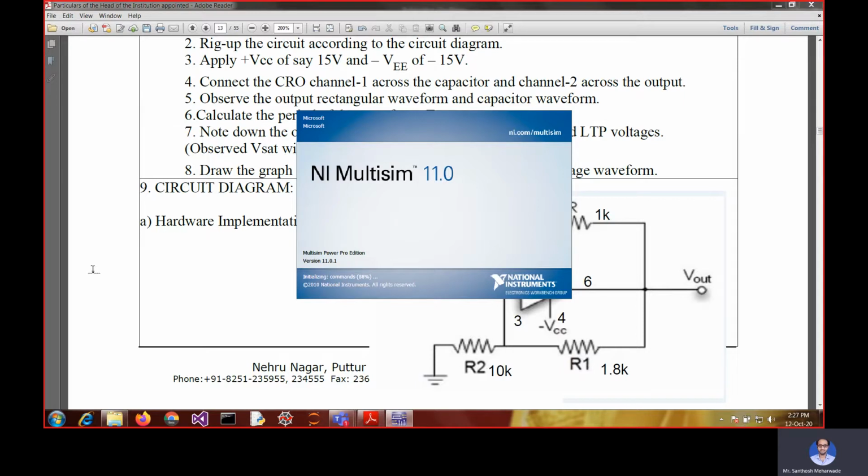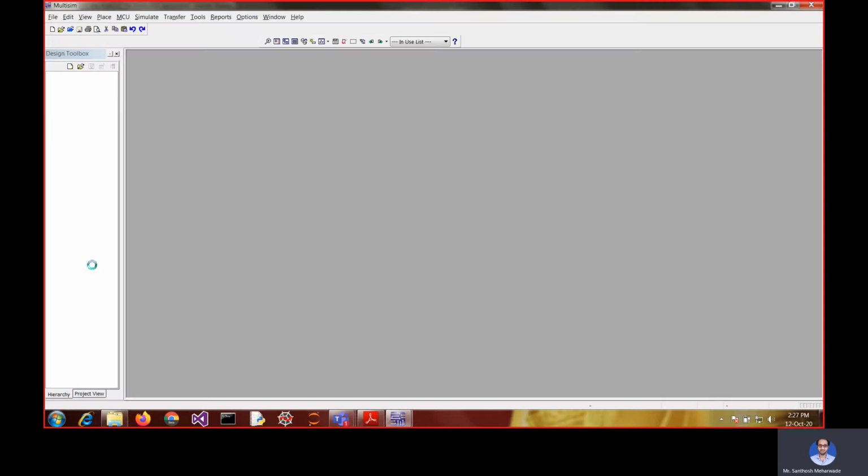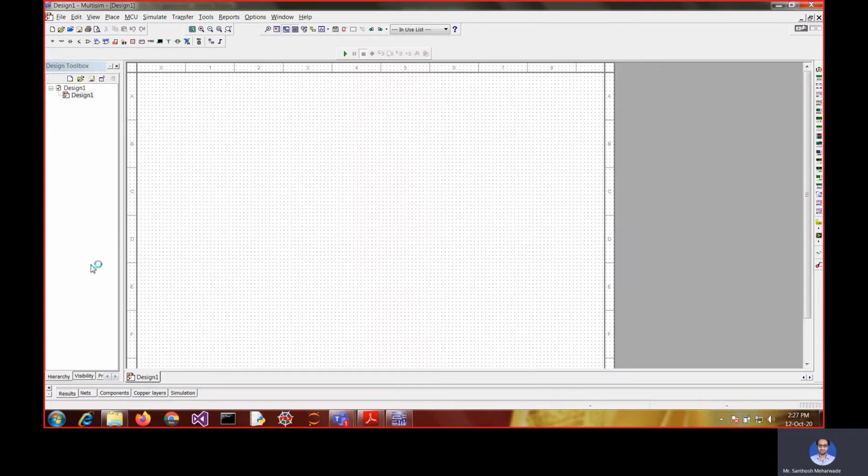These are our basic components that we are going to use. All the components are virtual in nature; we are not using any physical components. Our window is popping up slowly, and now it is displaying the sheet. This is the white sheet.